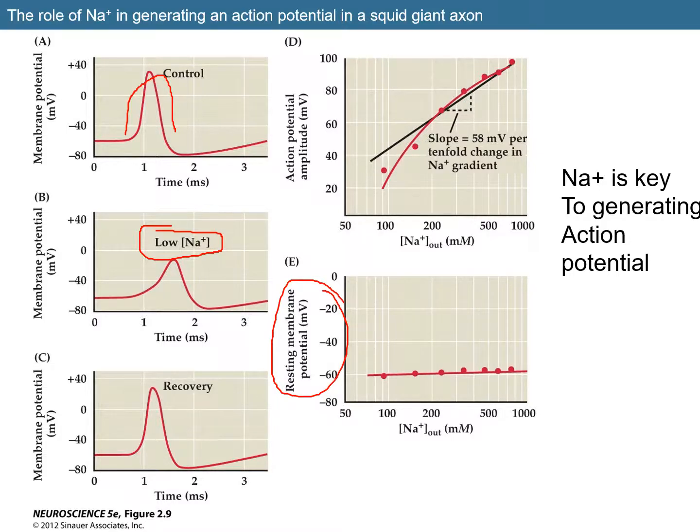And we can see that here, if we bring the sodium back in C, we get right back to where we were in A. So it looks like sodium plays a role in that depolarization event, just like we would expect. And in D, if we looked at the Nernst equation, we can see that that definitely is what was happening here. The sodium levels are what play a role in those action potentials.